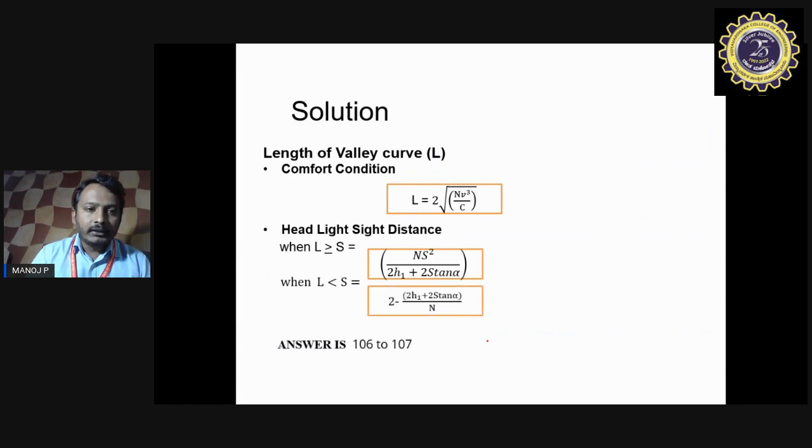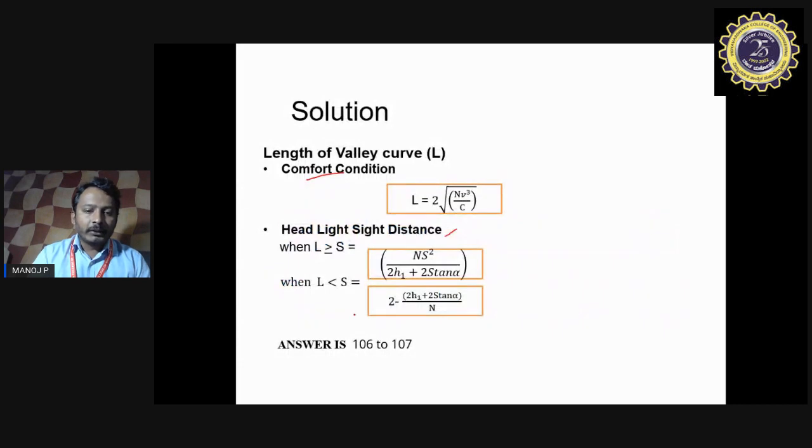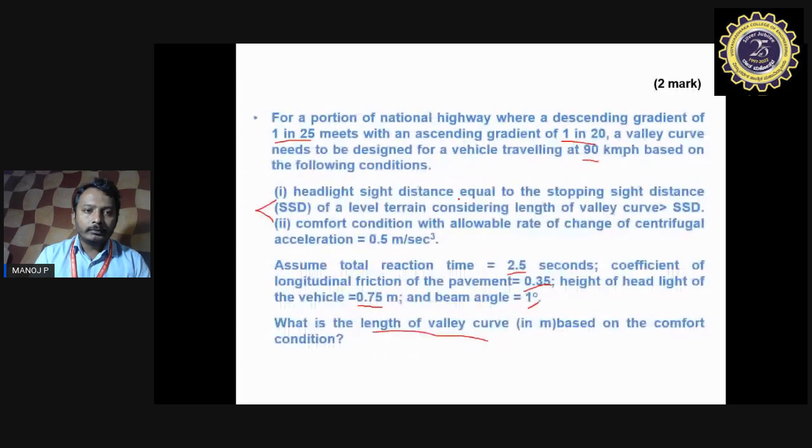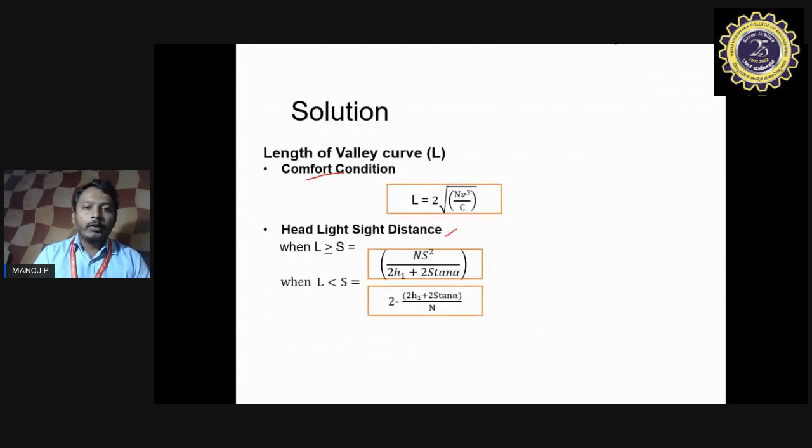As I discussed, you are supposed to use both the comfort condition as well as the headlight sight distance condition. L is equal to 2 times square root of NV cubed divided by C. When you substitute the values, N is equal to 1/25 minus 1/20, that will give you the value of capital N. V is also given, C is also given.